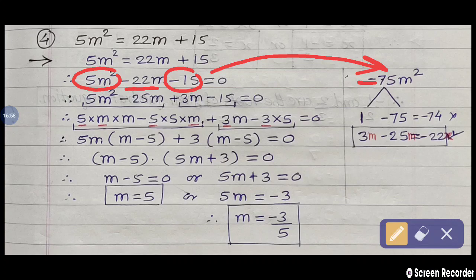Start from 1. 1 multiplied by 75 gives 75. Out of 1 and 75, 75 is the bigger number, give the minus sign and make the addition. 1 minus 75 gives minus 74. This is not our sum. Our sum is minus 22.